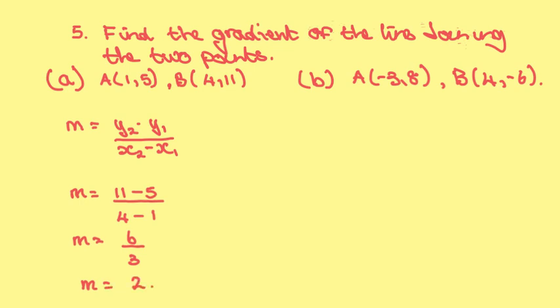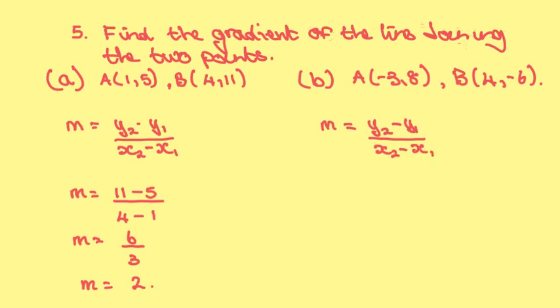Part B. Point A is (minus 3, 8). Point B is (4, minus 6). So again, start with the gradient formula. m equals y2 minus y1 over x2 minus x1.